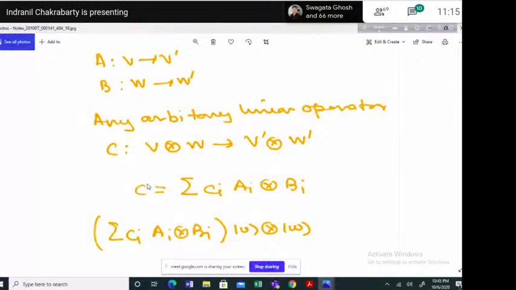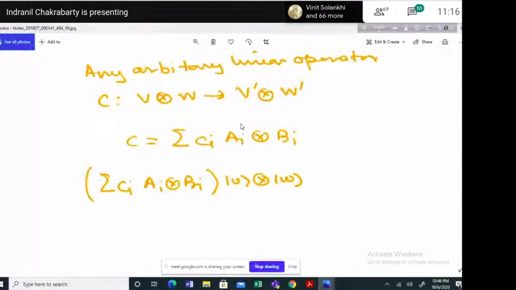So C is a linear operator from V cross W to V prime cross W prime, and the whole C can be expressed as summation ci Ai cross Bi.